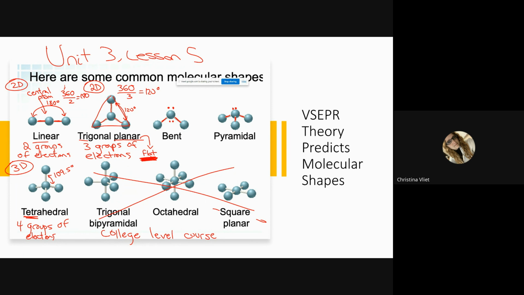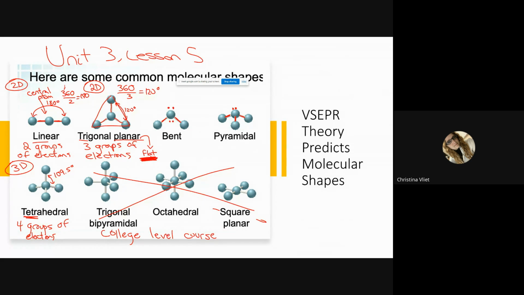So, let's talk about pyramidal and bent. First of all, how many groups of electrons do you see in the pyramidal? There's 1, 2, 3, but would an unshared pair of electrons also be a group of electrons? Yes.